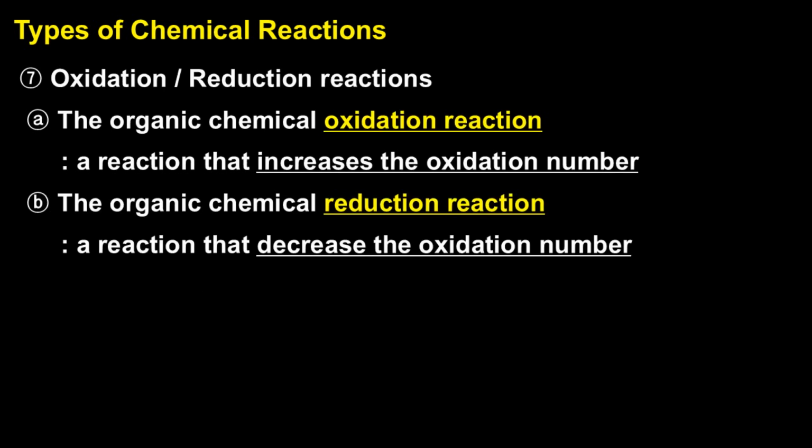Now, let's talk about another fundamental concept: oxidation and reduction. At the core, these reactions are all about tracking electron movement through changes in oxidation states. Oxidation means increasing the oxidation number by losing electrons. Reduction does the opposite. It lowers the oxidation number by gaining electrons.